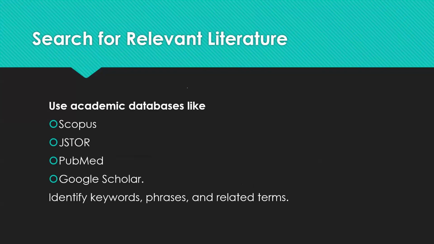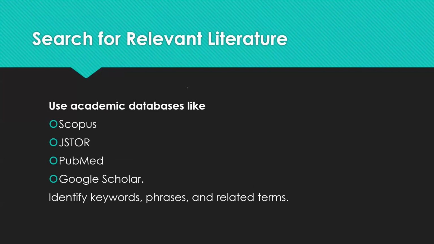Based upon the databases, you need to find out everything. We have discipline-specific databases, multidisciplinary databases, full text databases, and citation databases. In each of these databases, you can find data according to your research field.